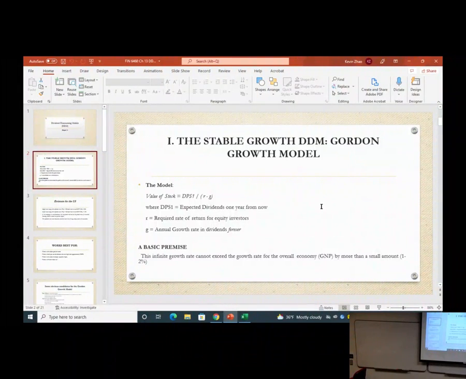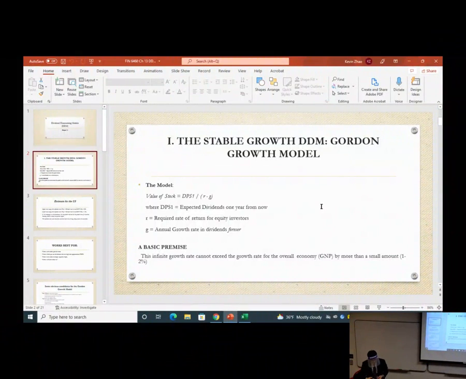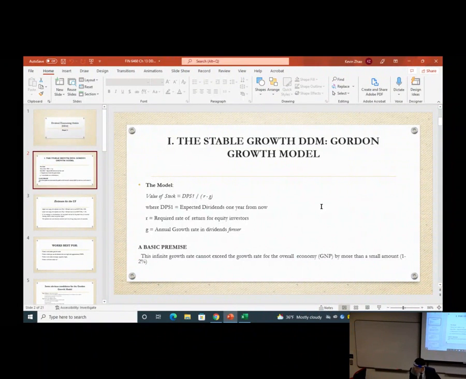However, this model, I would say, is not that useful, and I agree, because you cannot use this simple equation to evaluate, let's say, more than 99% of companies on the stock market. However, there are some exceptions.